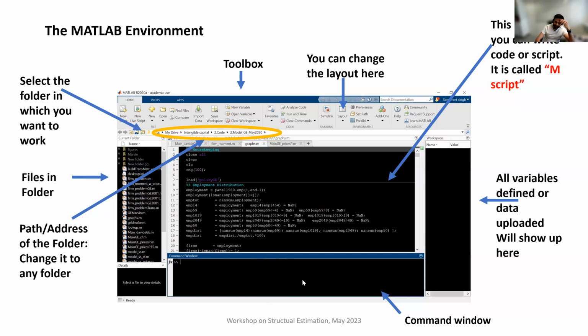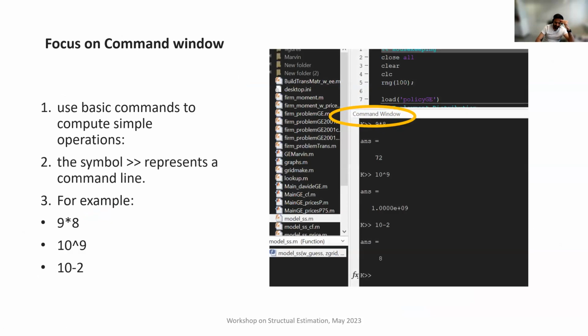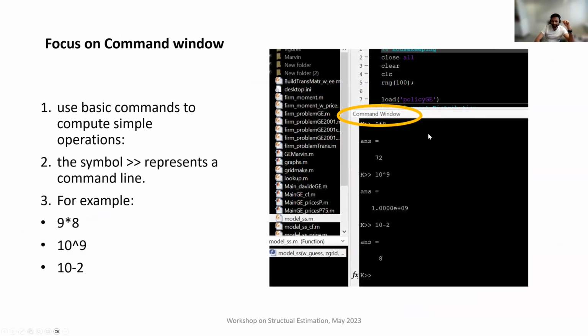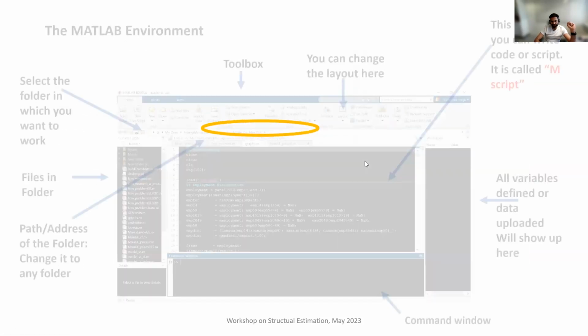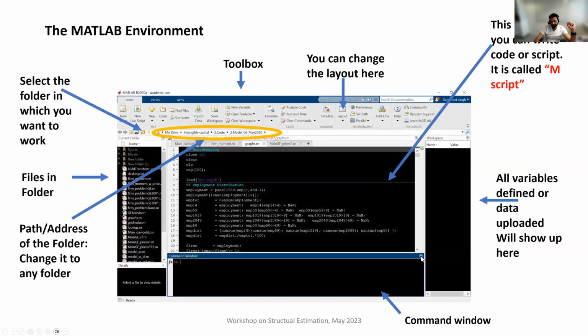Okay, very good. Now, within this output screen for MATLAB, let me tell you one thing first: if you have multiple screens, you can always use this button to undock.